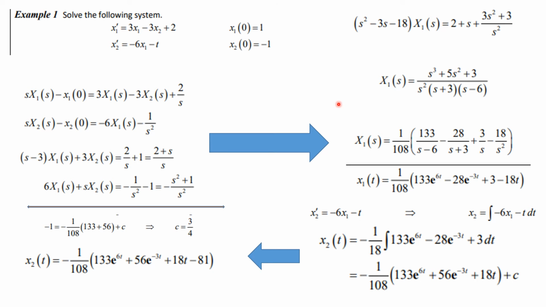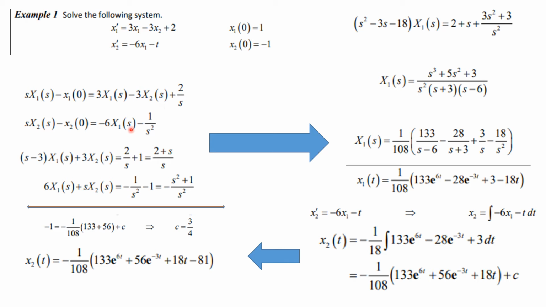Now, this makes sense since the whole point of Laplace transforms was to change a calculus problem into an algebra problem and then back. So this is kind of like solving simultaneous equations. I'm going to take the Laplace transform of the first equation, and I get this.